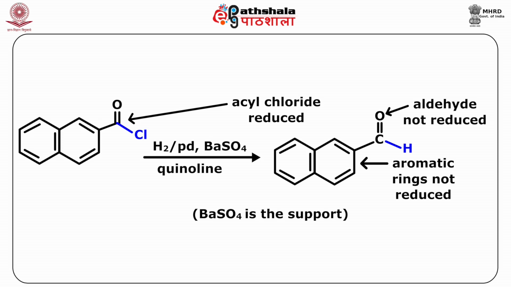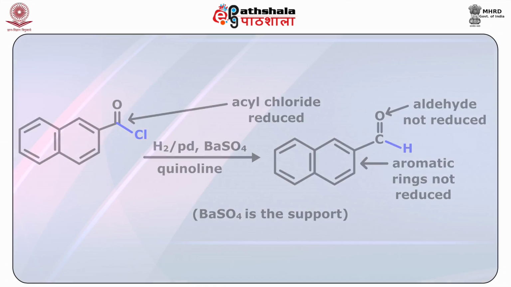Notice that here the COCl is getting reduced to aldehyde and the aldehyde is not further getting reduced to alcohol in this partial or selective reduction where the poisoning happens due to this combination of hydrogen, palladium, barium sulfate and quinoline. So, there is a reduced level of reduction which happens with this combination, which is Rosenmund reduction. And notice another thing here, in this case the aromatic rings are not reduced.